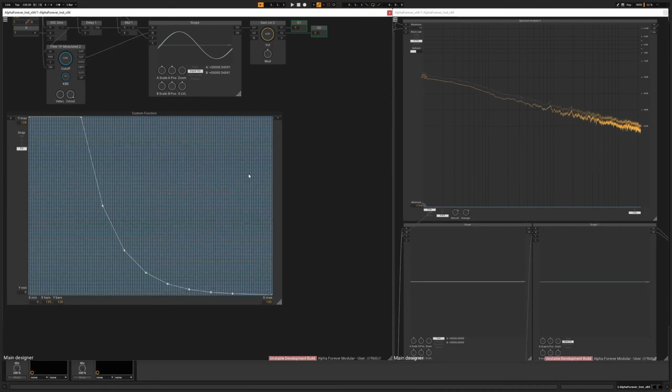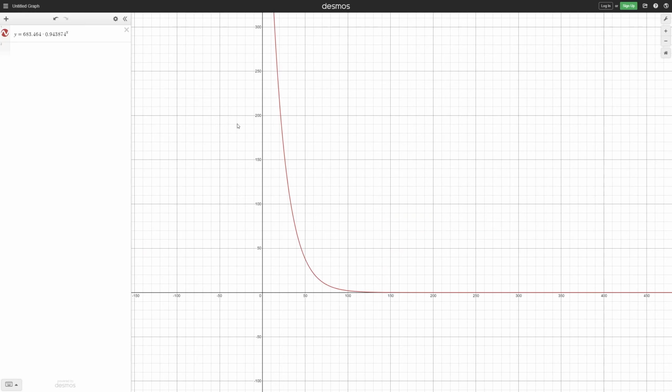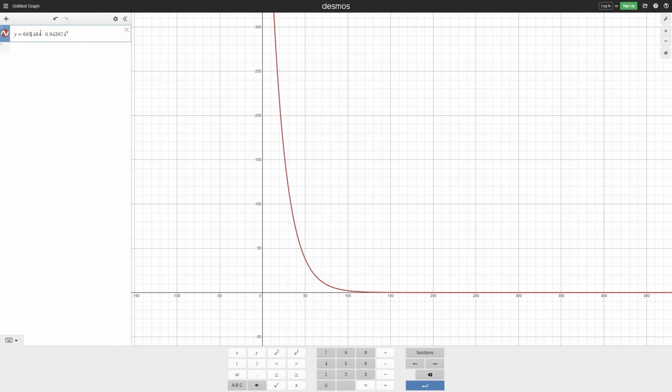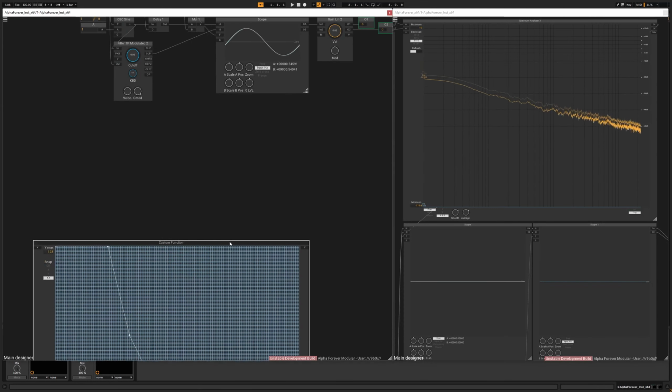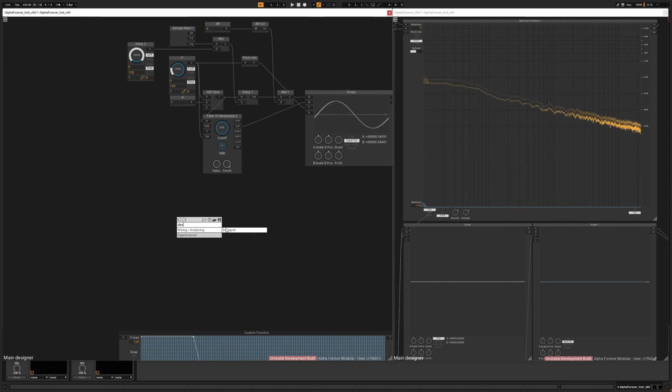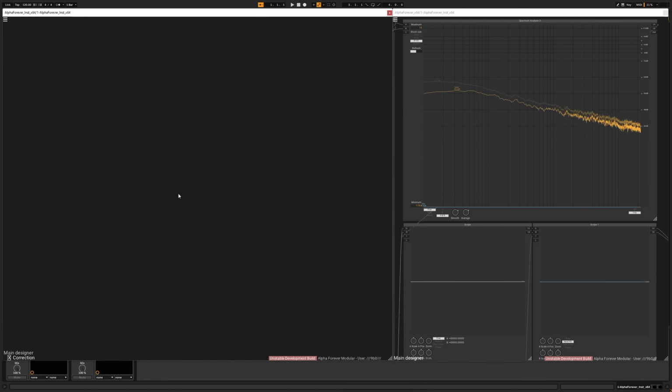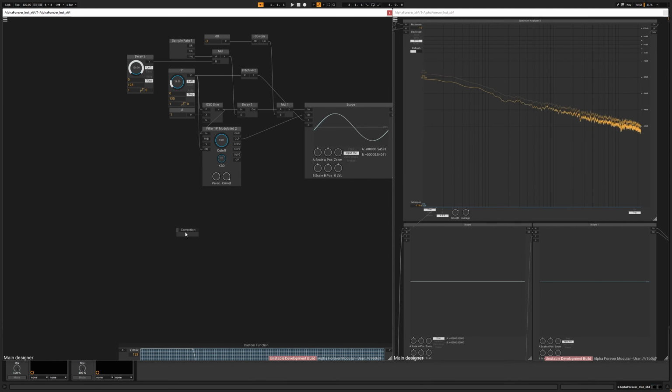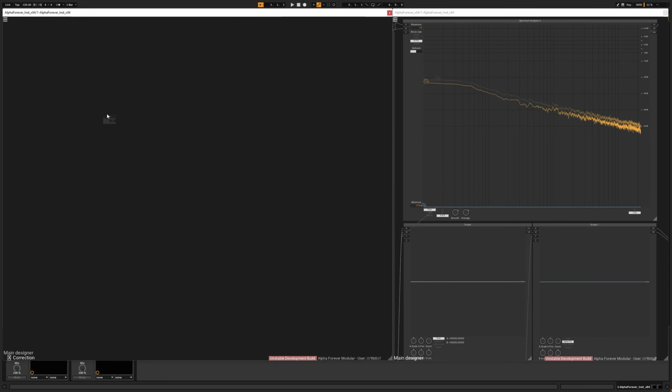Okay, we have the function, which is this here. So let's copy this value, and we realize the function. If a pitch comes in, then we need the pitch input. And that's going to be multiplied by this number.